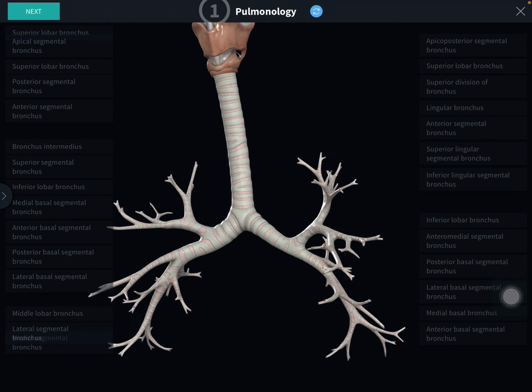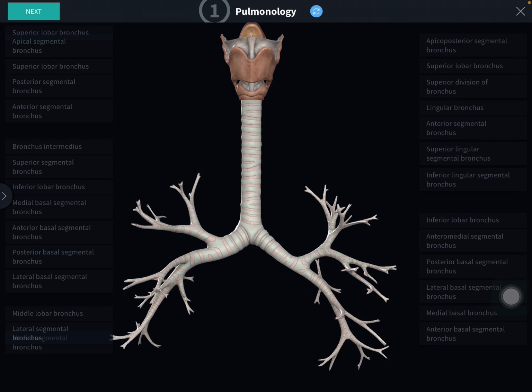So these are the lower lobar tertiary bronchi of the left lung. So we have covered in detail. Now we will mark the labels.